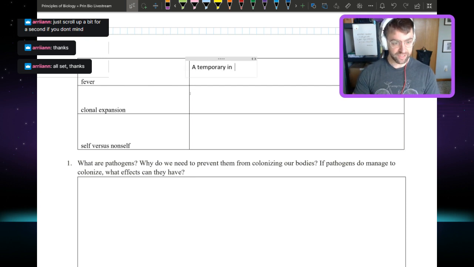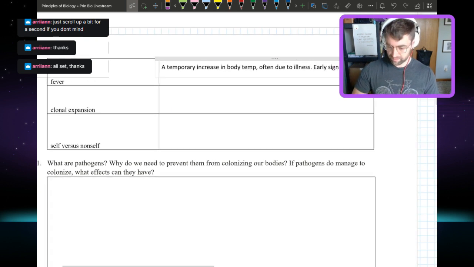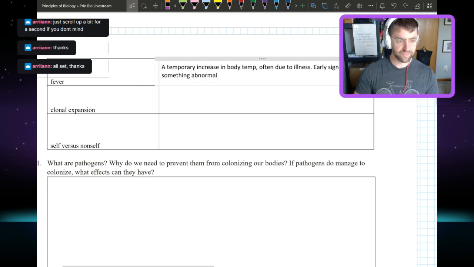A temporary increase in body temp. Often due to illness. Early sign that something abnormal is going on in the body.